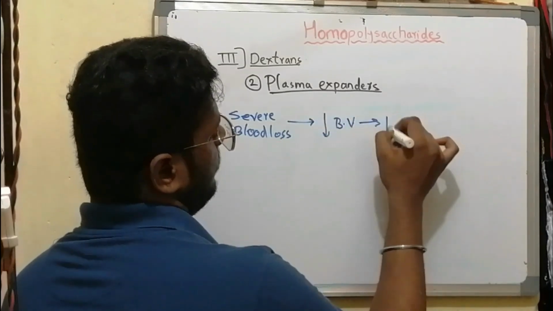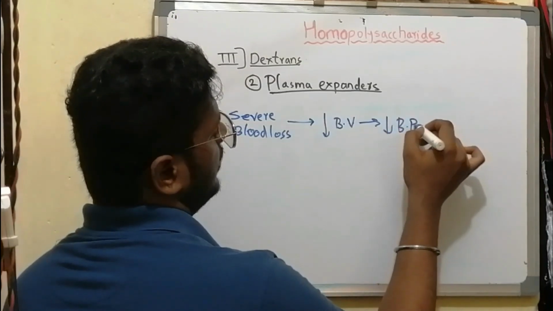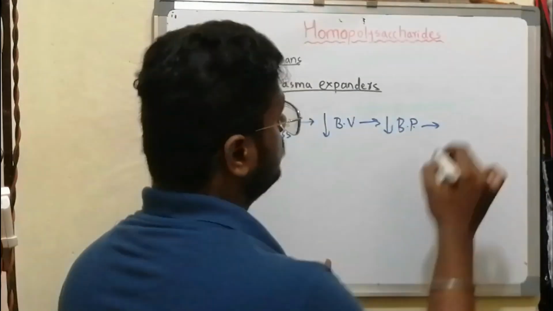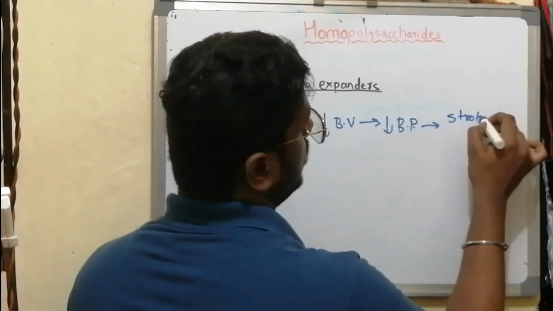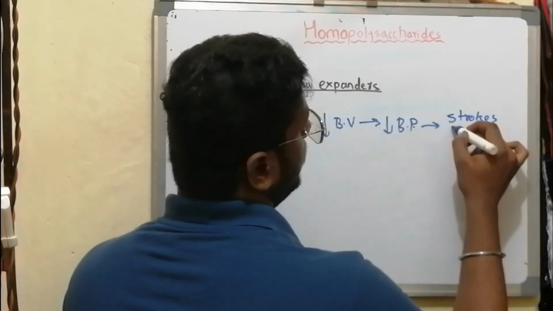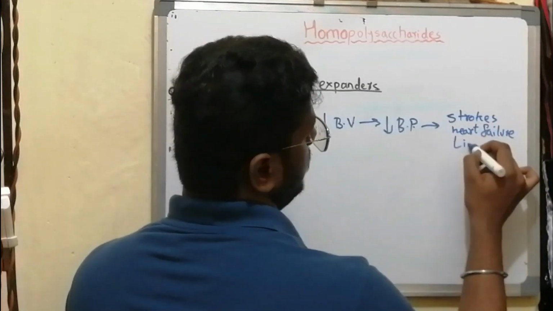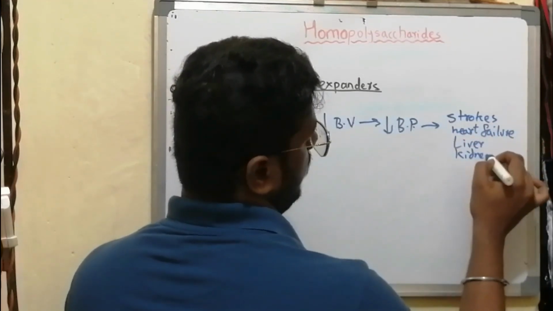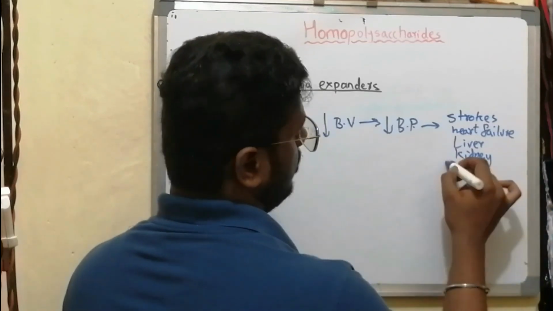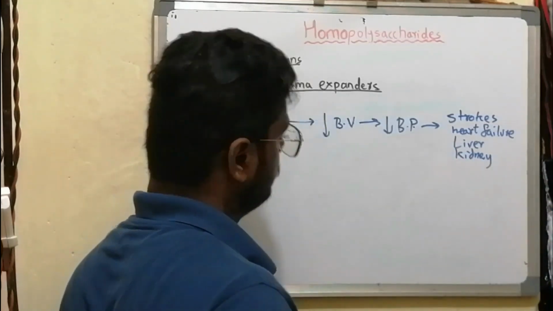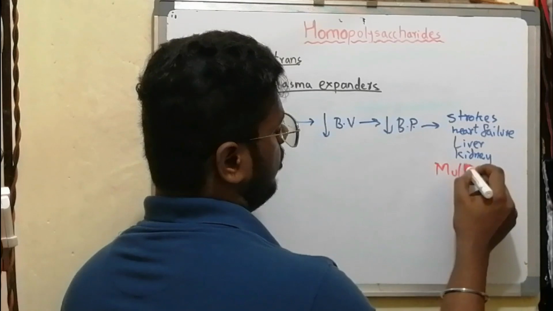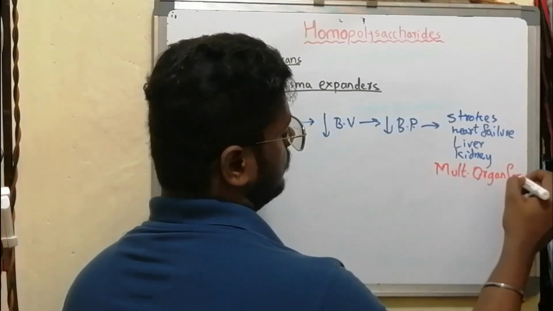Eventually BP will fall down, and there can be strokes, there might be heart failure, liver failure, kidney failure. In short, multiple organ failure, right?